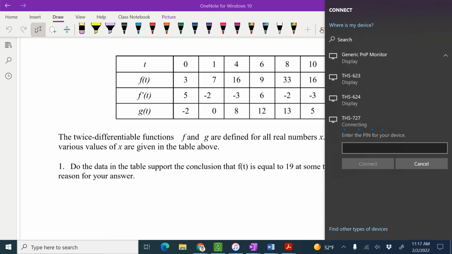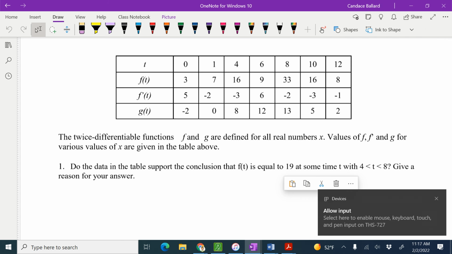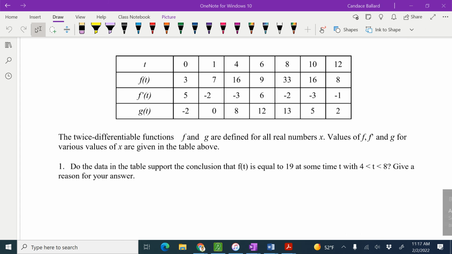There it goes. Okay, now let's see if the pin number comes up. 0811. Okay, here we go. Let's try that again.